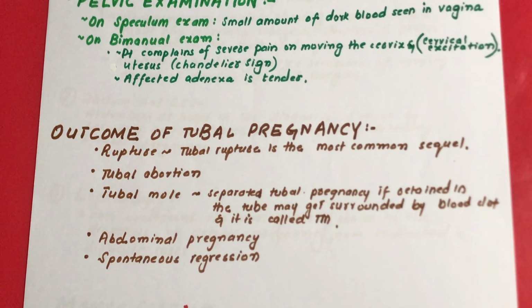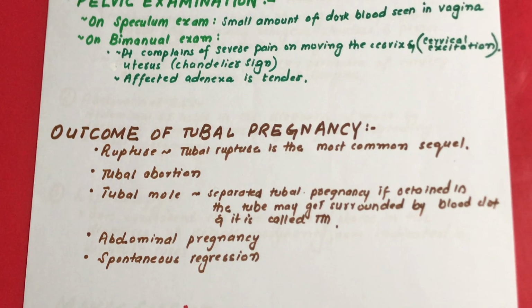An implanted tubal pregnancy may get separated from the tube due to repeated choriodecidual hemorrhages and expelled through the fimbrial end into the peritoneal cavity, where it may continue as secondary ovarian or abdominal pregnancy too. Then tubal mole: the separated tubal pregnancy, if retained in the tube, may get surrounded by blood clots, and it is called tubal mole.